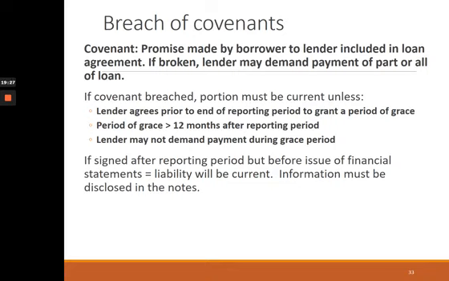A period of grace would be a period in which we do not need to pay an installment. So your period of grace must be for more than 12 months after the reporting period, and your lender may not demand payment during the grace period.